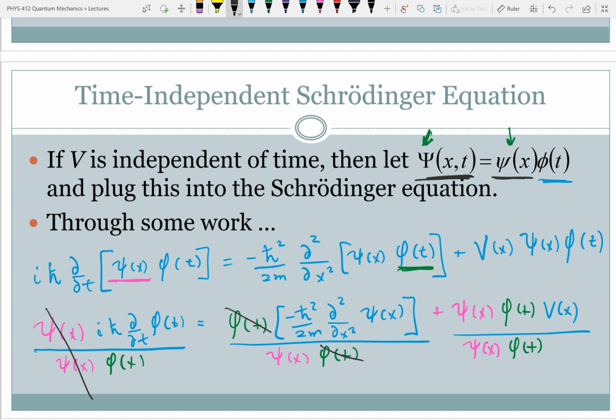In the third one, I actually could cancel both, but I'm only going to cancel the phis because it's still a function of x. That's why I didn't worry about canceling the psi. But now I have a cool situation. I know this is bad for you looking at the slides later, but I'm going to erase the parts that I canceled.